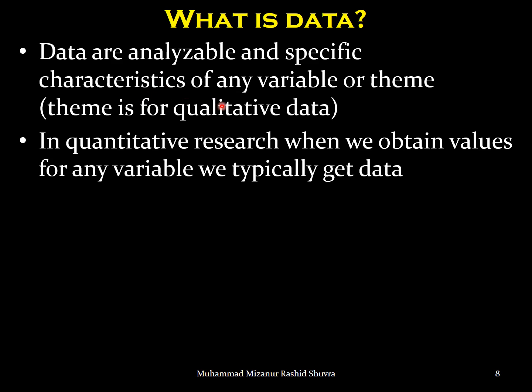It gives specific characteristics of any variable or value. But the corresponding thing in what you call qualitative research is theme. So in qualitative research, we don't say variable, we say themes. In quantitative research, when we obtain values for any variable, we typically get data.